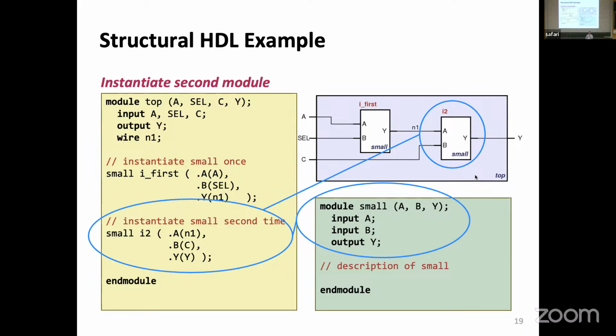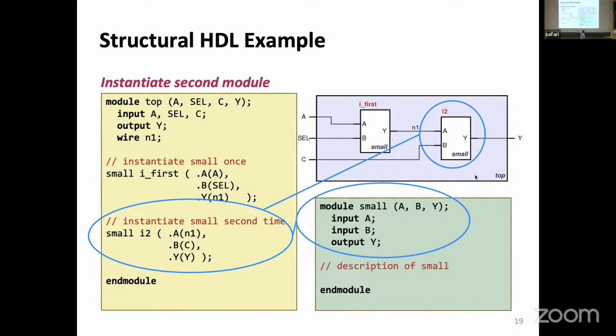Not in Verilog. That's actually a very, very good question. Your friend was asking, instead of saying N1, can I not just say this is I2 as a property, let's say pin, I2.B, I2.A, can I not write it here?